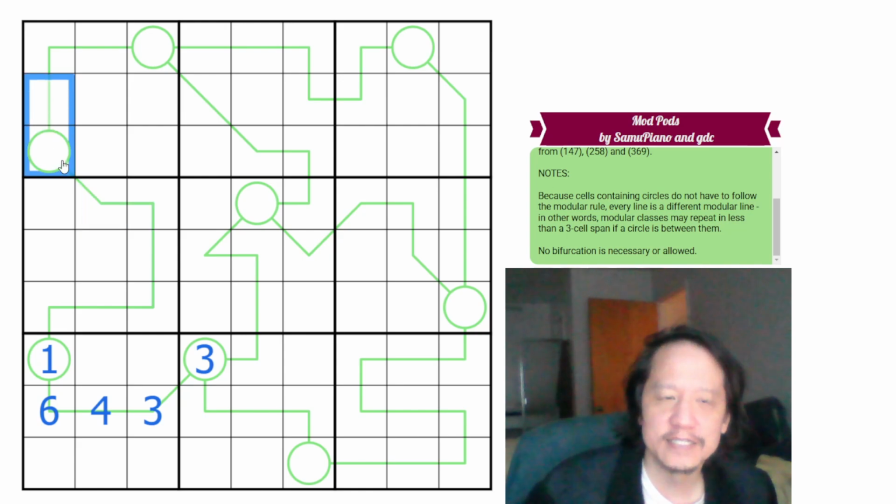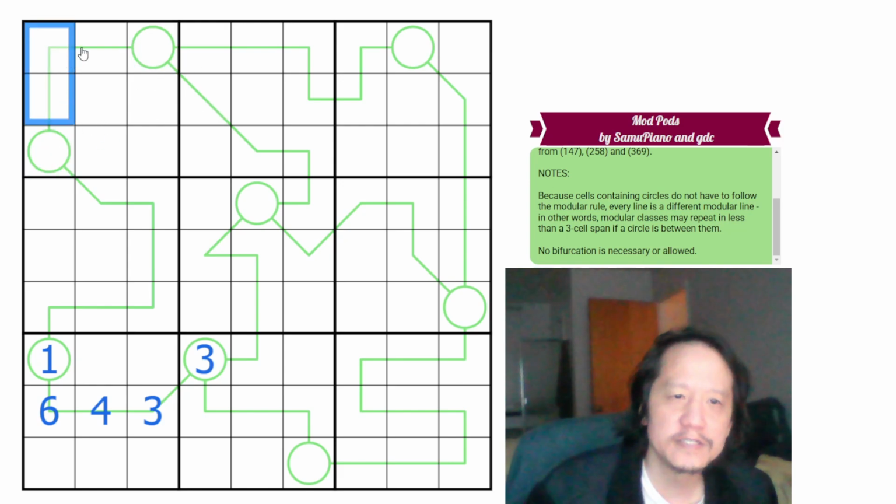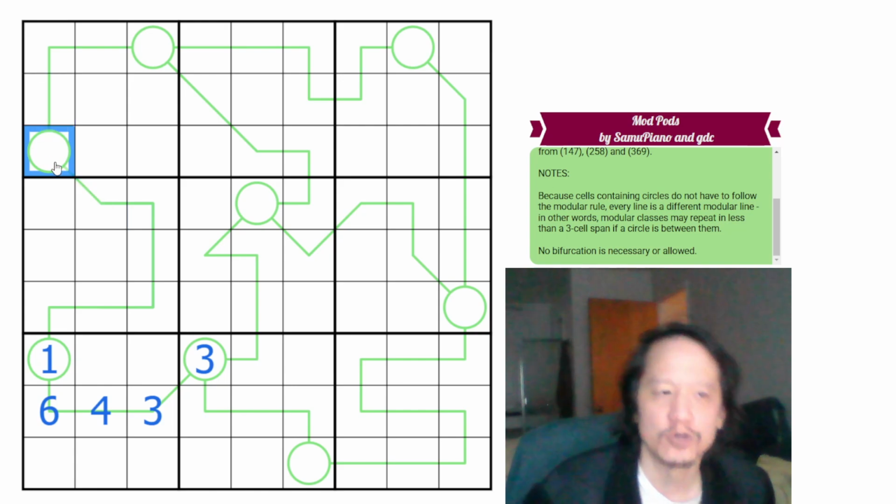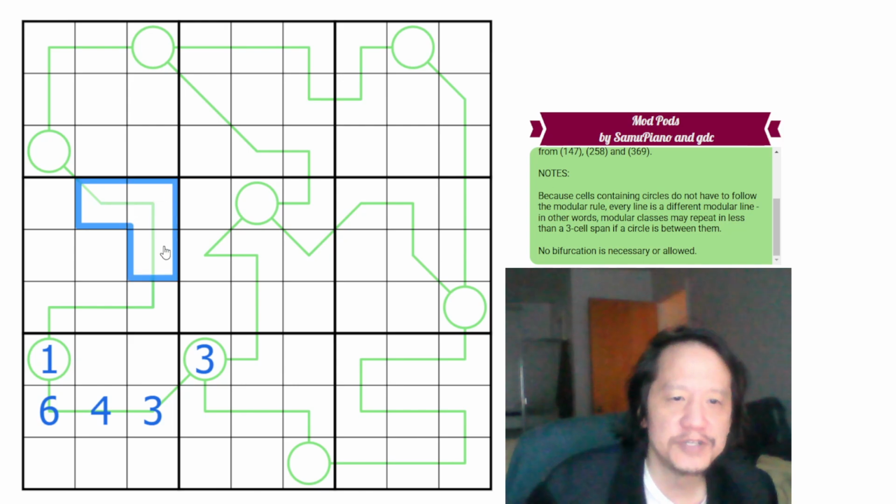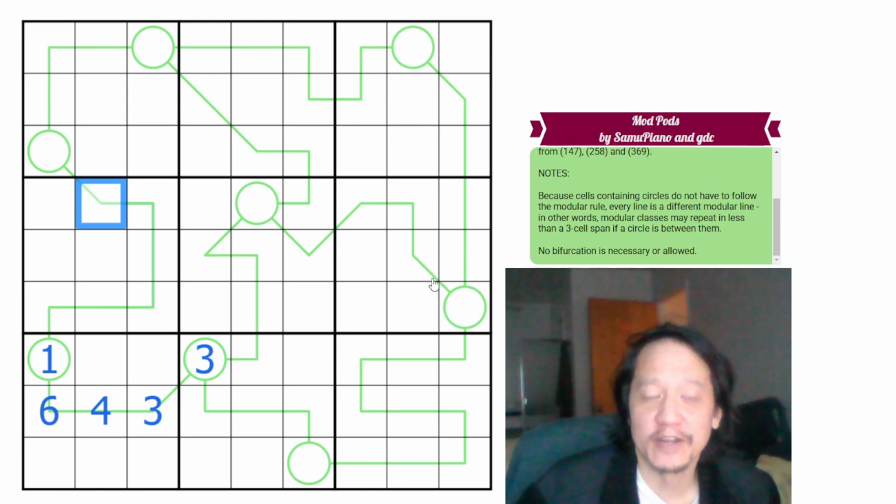But basically, it's saying that even though you ignore the circles, since these aren't 3 consecutive cells on the line, because the circle breaks it up, you could have 2 from the same set here, right? Because they're not part of the same line, quote unquote. So that's just a clarification. And I don't know why the no bifurcation is necessary or allowed. I mean, you could bifurcate if you wanted to.